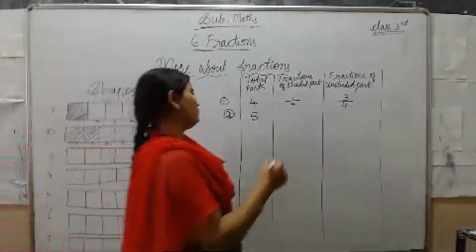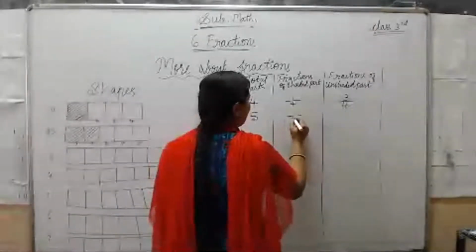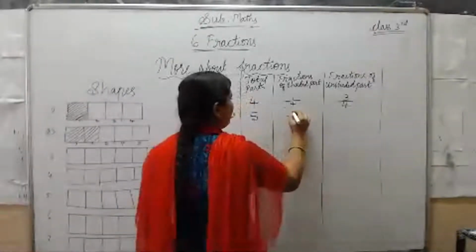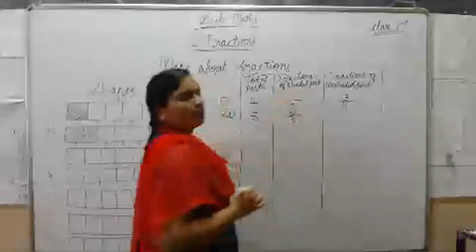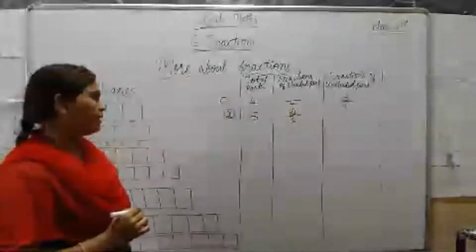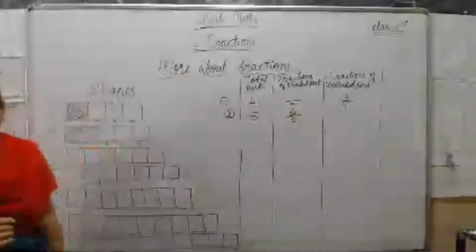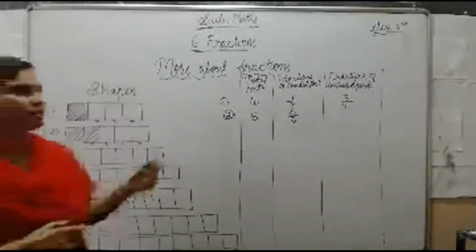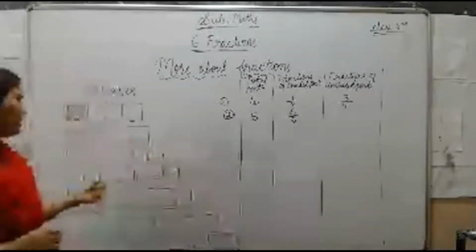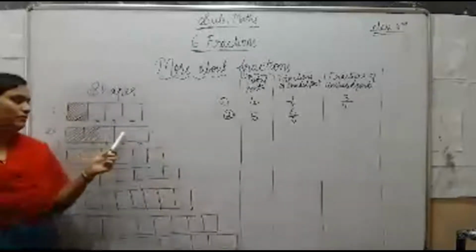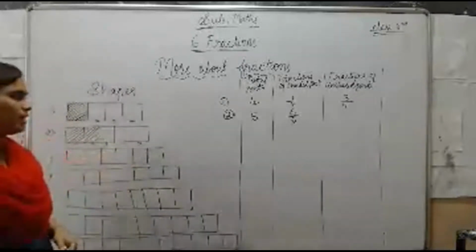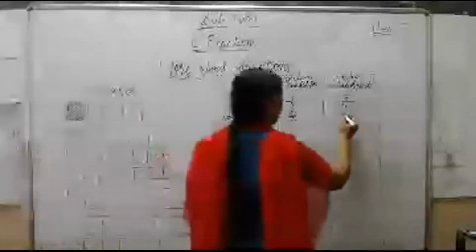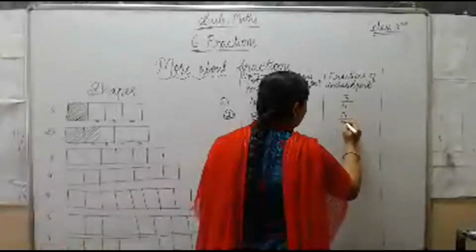How can we write this one? Yes, total number of parts comes in the denominator and total number of shaded parts in the numerator. That is 2/5. Second one, fractions of unshaded part. How many unshaded parts are there here? 3, 4, 5 are unshaded parts. That's why 3/5.